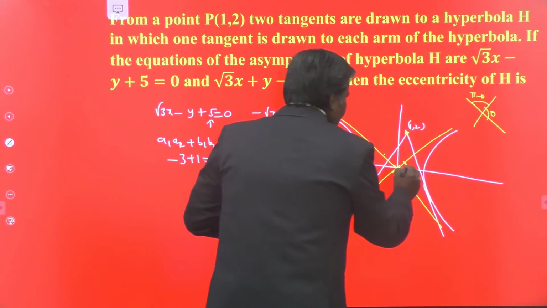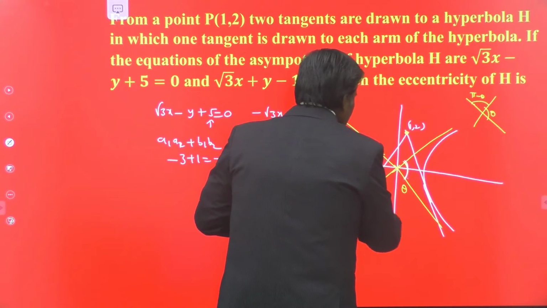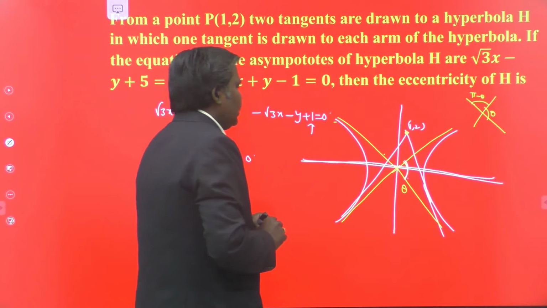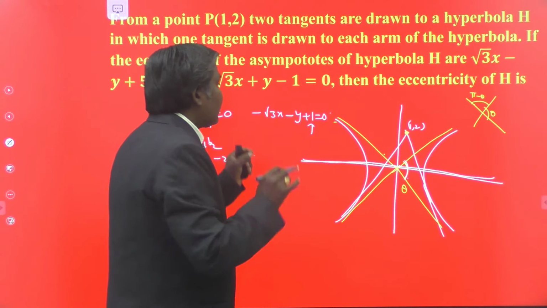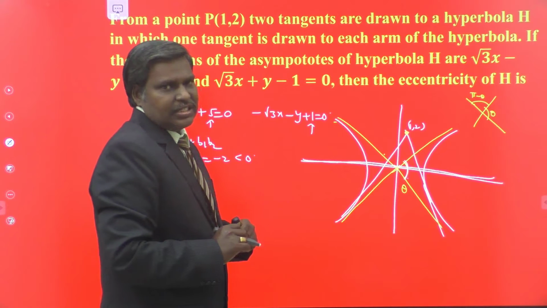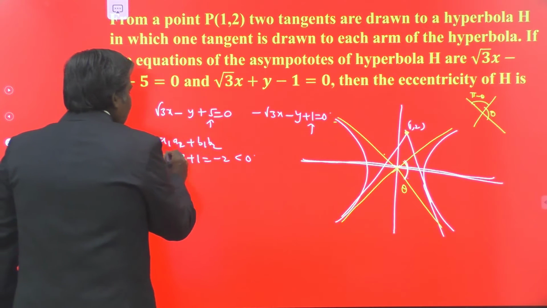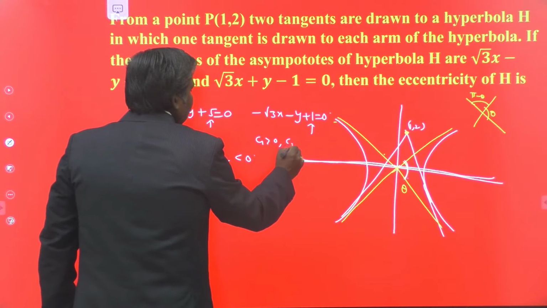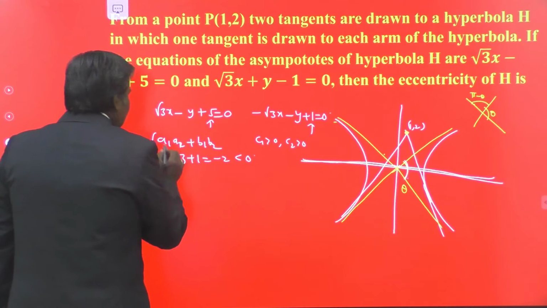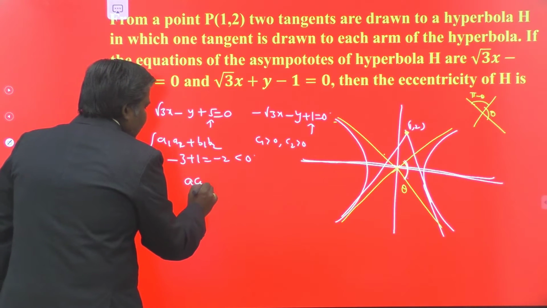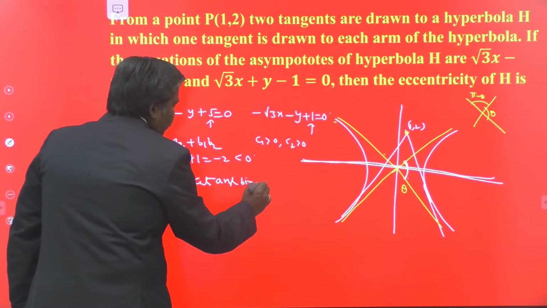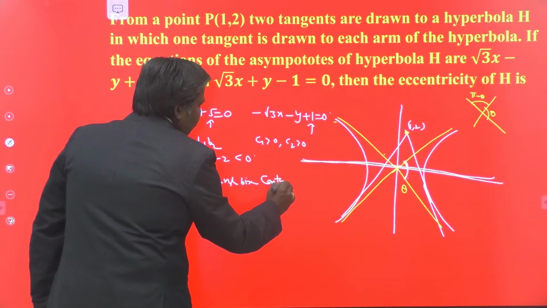This is the acute angle, and this bisector is the acute angular bisector, because the acute angular bisector contains the origin, that is the concept. So if A1 A2 plus B1 B2 is greater than 0 and C1, C2 are greater than 0, at this time the acute angular bisector contains the origin.